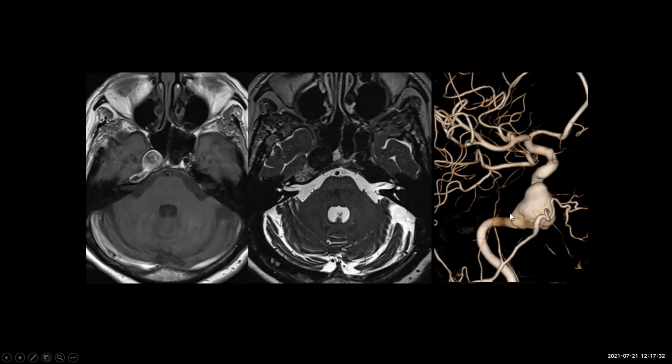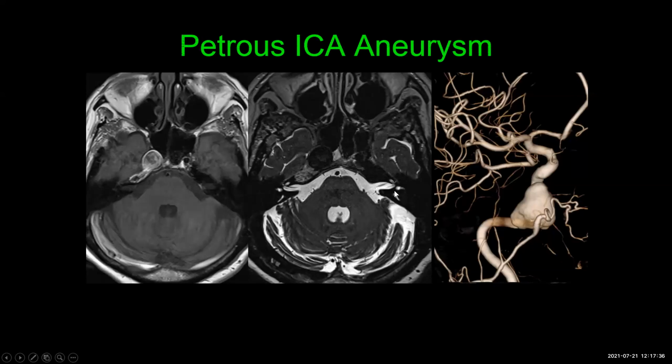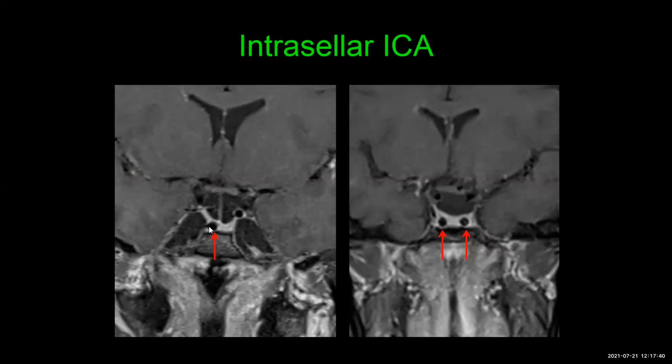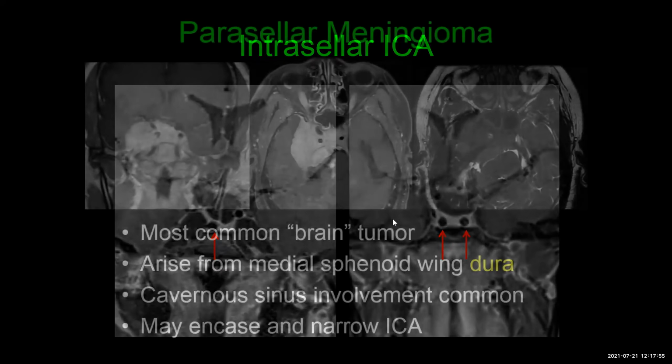Here it is on a nice 3D rendering showing you the appearance of that big ICA aneurysm. Sometimes the internal carotid arteries can actually live in the sella. So this ICA is within the pituitary tissue in this patient. They're both living in there, definitely on our checklist of something we want to warn the surgeons about if they are planning to enter that area through an endoscope.